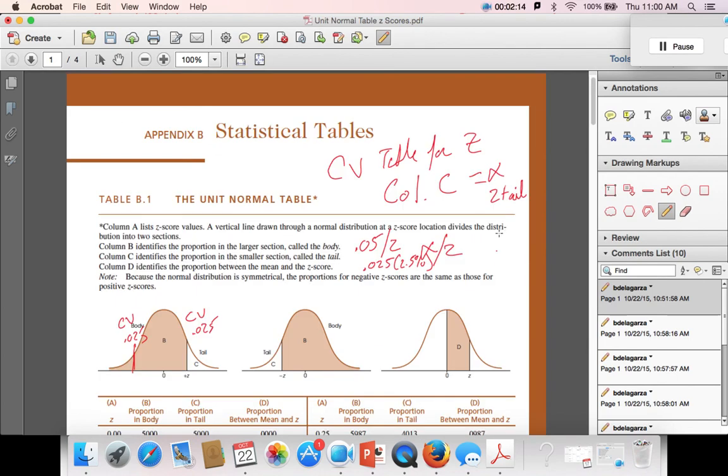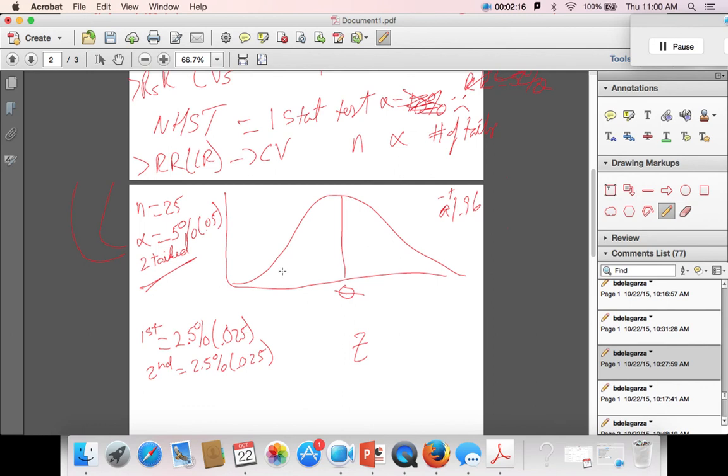So in other words, when I find it in my table, I'm going to identify on my sampling distribution that my critical value equals negative 1.96 on this side, and positive 1.96 on this side.